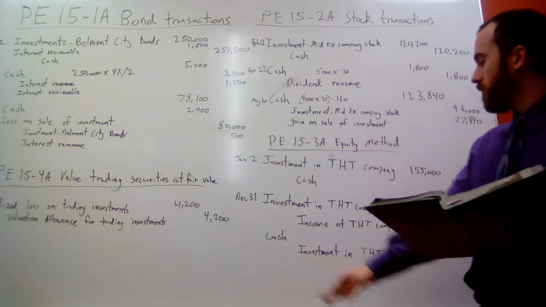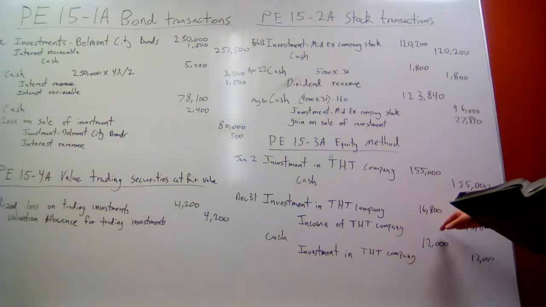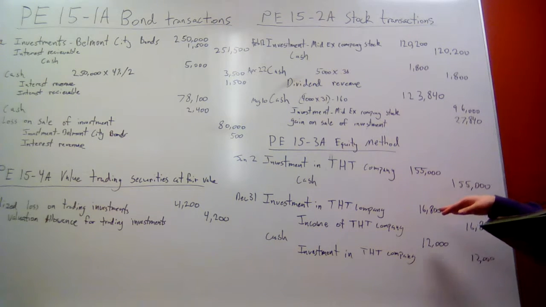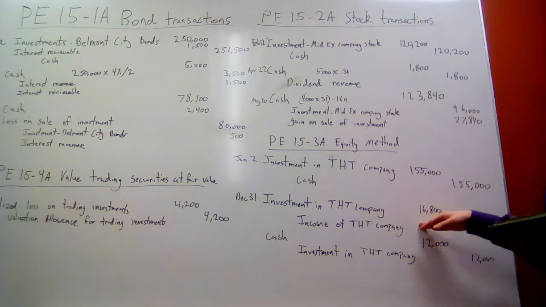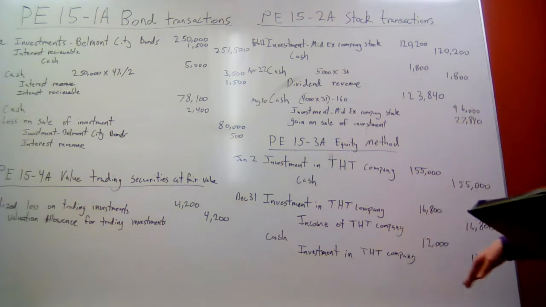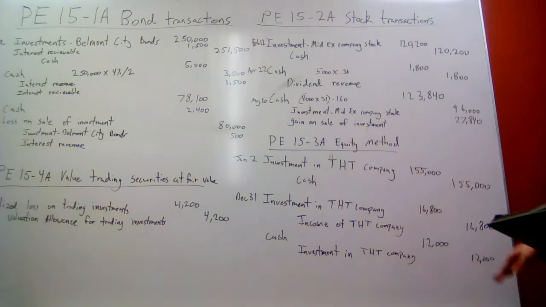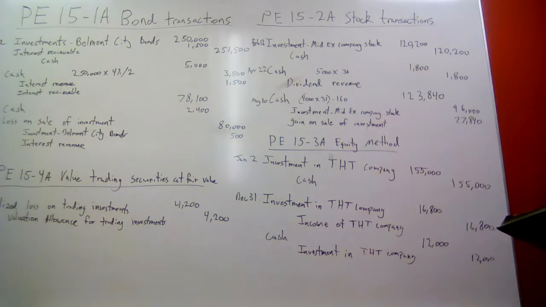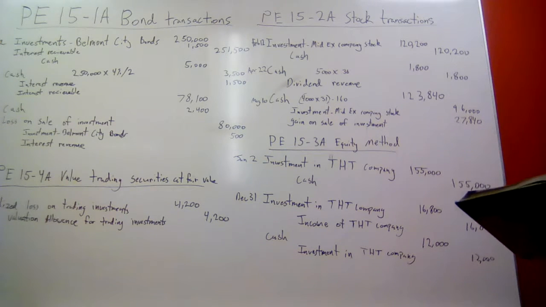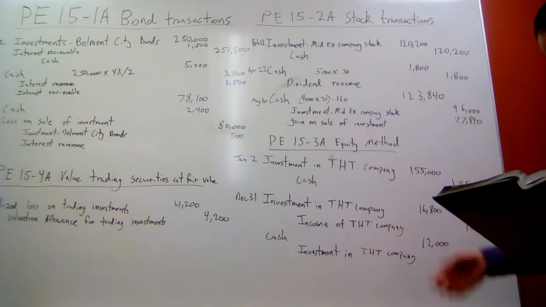On December 31st, they had a net income of 42,000. We get 40%. So we debit the investment in THT Company 16,800. Credit income of THT Company for the same 16,800. And then they declared and paid a dividend of 12,000. And then we got dividends of 12,000.